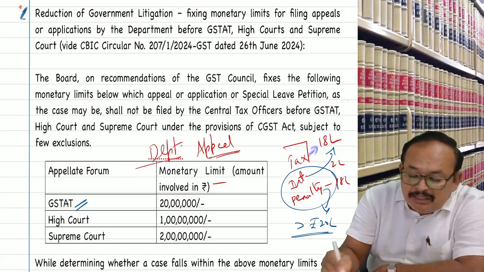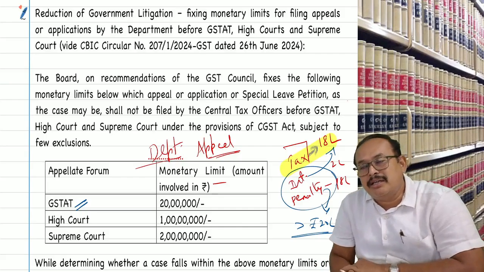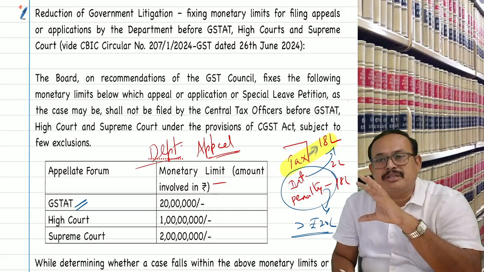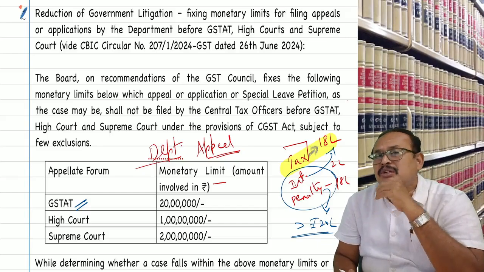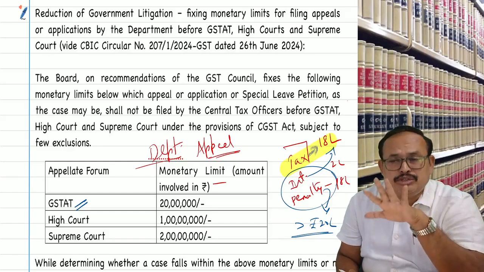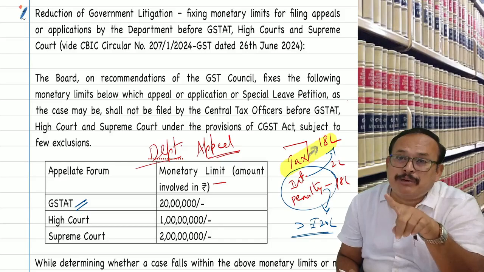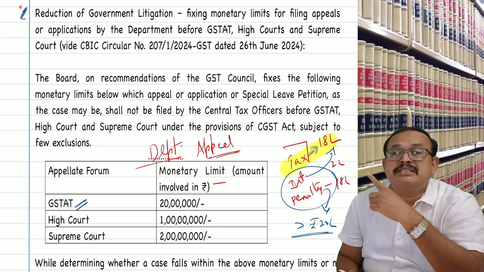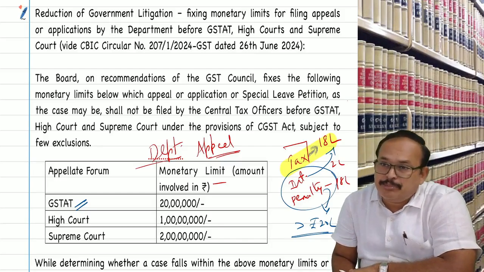Only refer to tax. How much tax is there? 18 lakhs, below 20 lakhs. You are not allowed to go for a departmental appeal to the GST Appellate Tribunal. Get my point, sir?